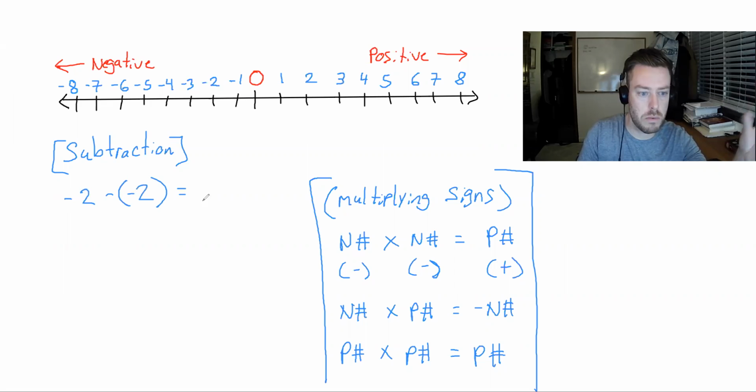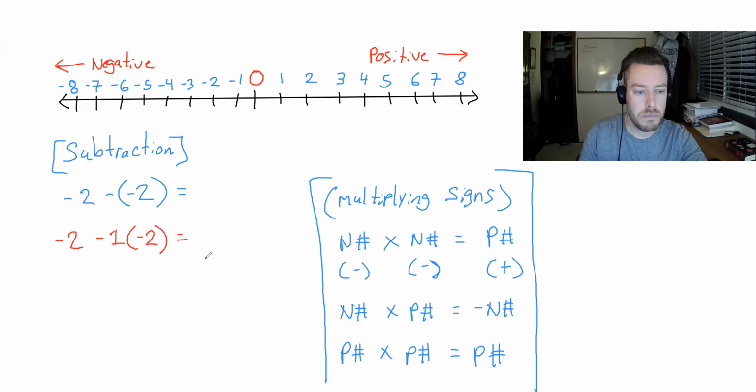We want to know what exactly this equals. This problem looks a little weird because we have parentheses, and really you can rewrite it as -2 subtract, and this whole parentheses is multiplied by a -1. It's unstated, but it's there, times -2 is equal to.